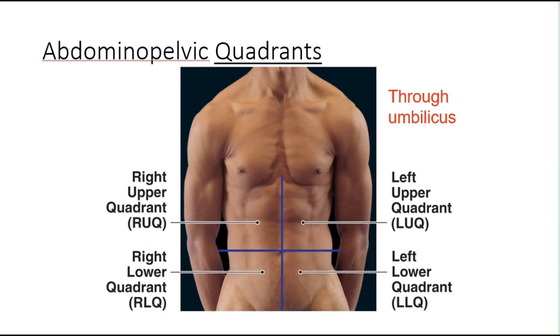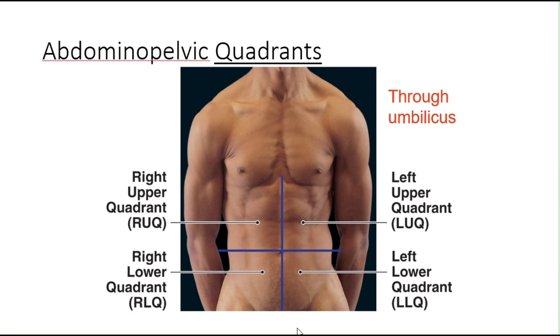Another terminology is related to the abdomen. We are going to divide the abdomen into four main regions. One section should be at the mid-sagittal and another section should be exactly at the umbilical region.